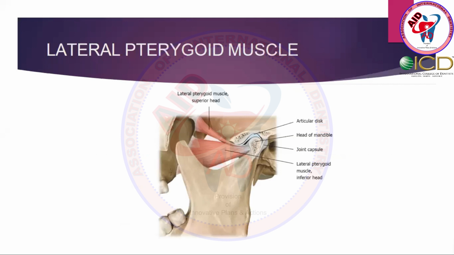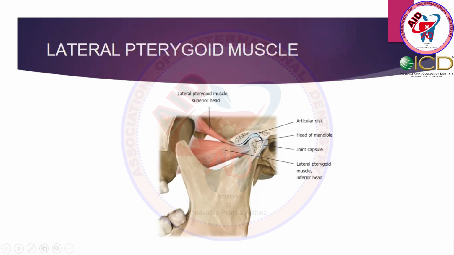Look at this, this is the superior head which is attached to the pterygoid plate, and the inferior head is on the lateral aspect of the pterygoid plate. This is also the sphenoidal portion which gives attachment to the superior head, and you see it is going on there and being inserted into the articular disc.